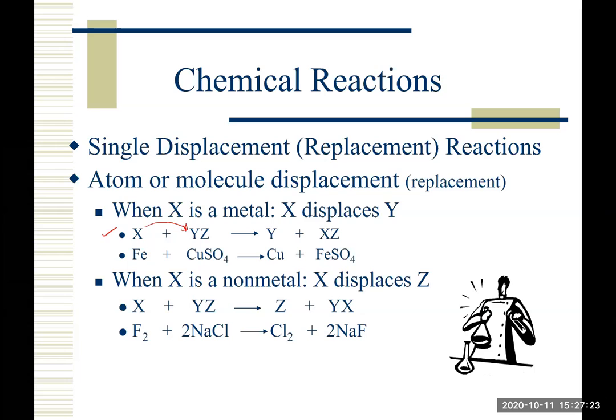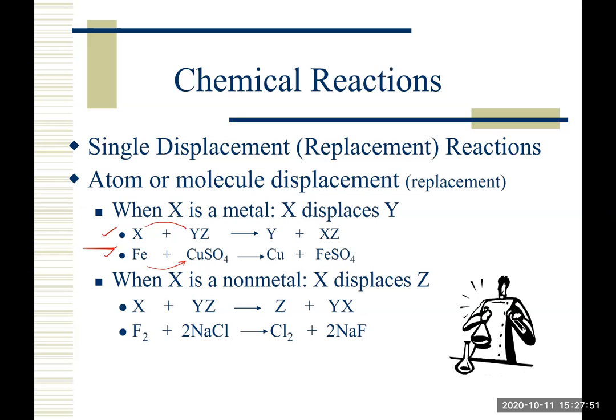In the products, you see Y is now by itself, and we have a compound formed XZ. In the real reaction, we see that iron is reacting with copper sulfate. Iron will then displace the copper in the copper sulfate, and in the products you can see we have copper by itself now, and we formed a new compound, iron sulfate.